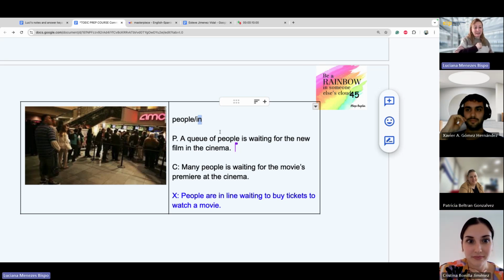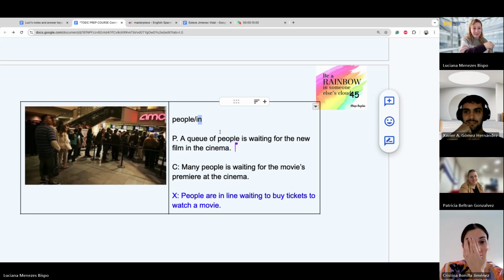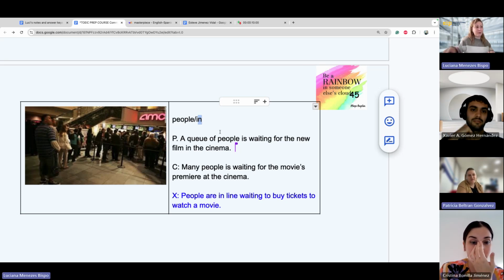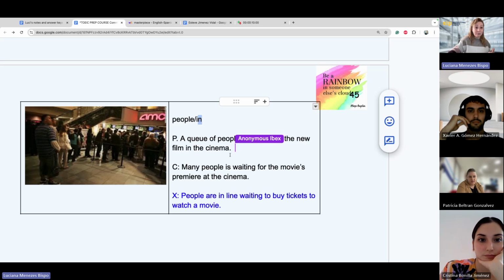This was the trap that I mentioned before, that they look for the collocations to trap you. So some people are waiting to enter the cinema in the queue. That would be the English version of your sentence.